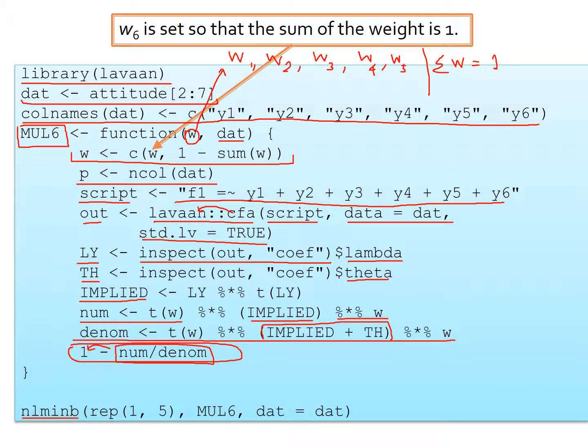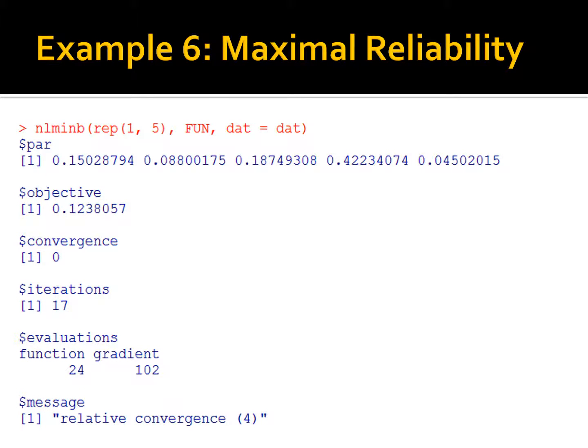nlminb is a function, and then the starting value is 1, 5 times, and mouse6 would be the function applied to the attitude data that we select, only the second to the seventh variables.